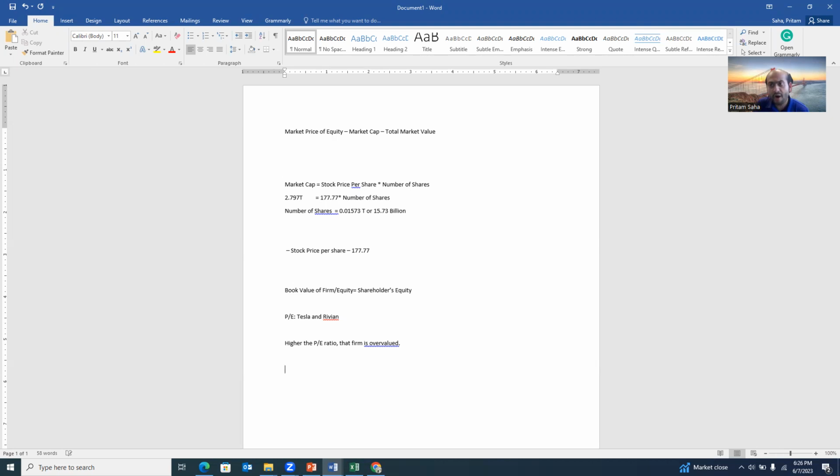Now, on average, if you want to compare PE across different companies and different industries, let's say you want to compare the PE of Tesla with Walmart, Tesla will always have a higher PE than Walmart. So when you compare the PE of one firm with a firm from a different industry, a higher PE means growth firms.